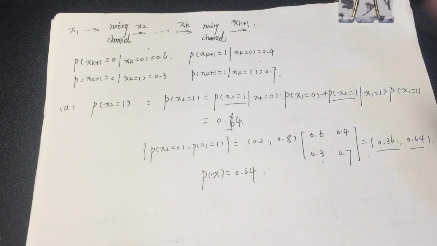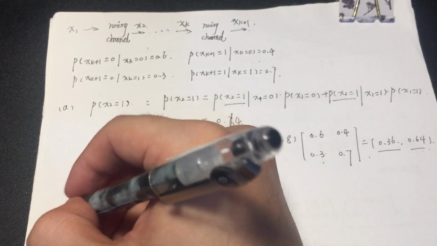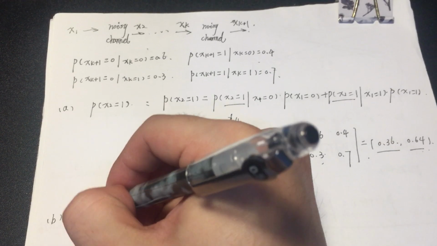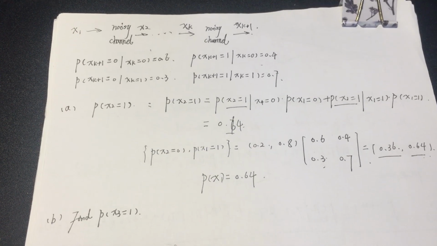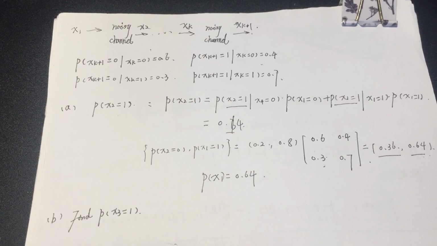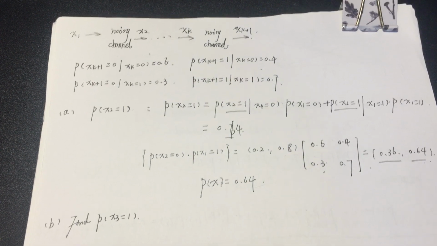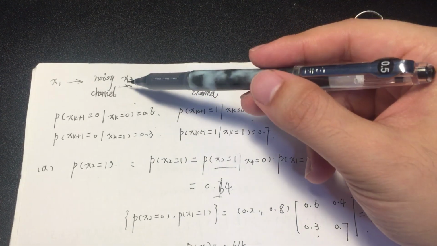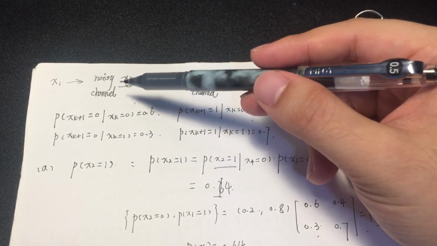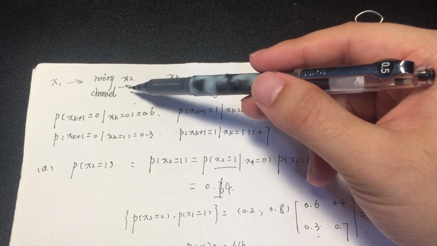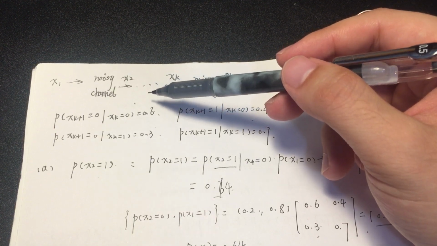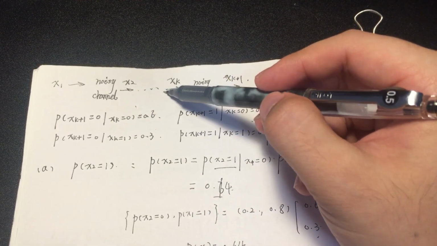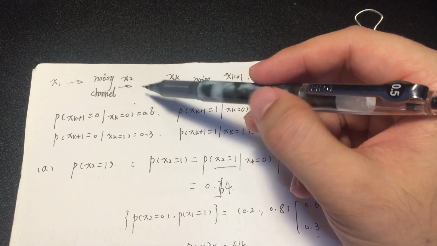The next question is about finding the probability of P(x3 = 1). So how do we calculate the probability of x3? x3 is the step after x2. So we can deem x2 as a transmitter and x3 as a receiver. Between x2 and x3, we still need another noisy channel.